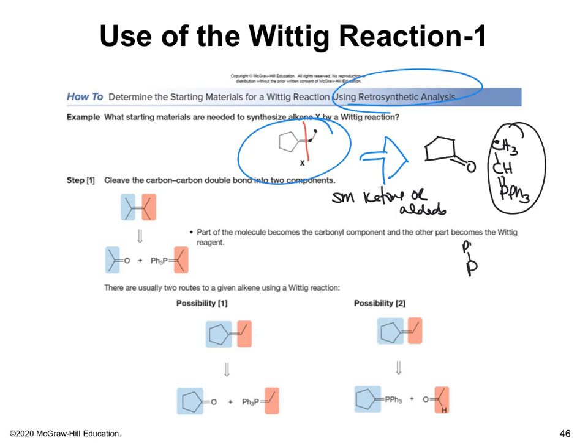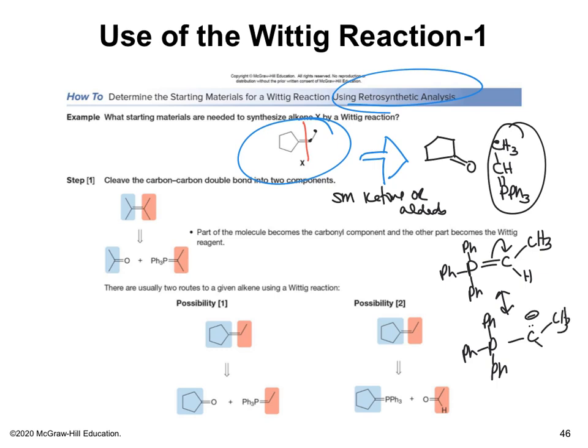So what does that look like? CH3. And of course, if you were to draw a resonance structure of that, I'm just going to deliver the two carbons. So these are your two possibilities.